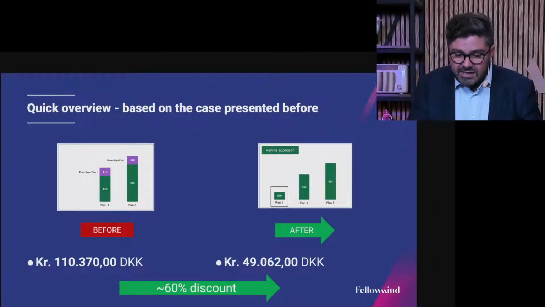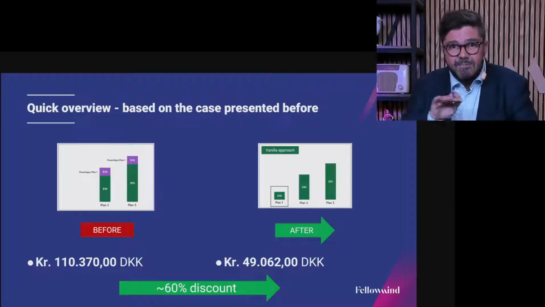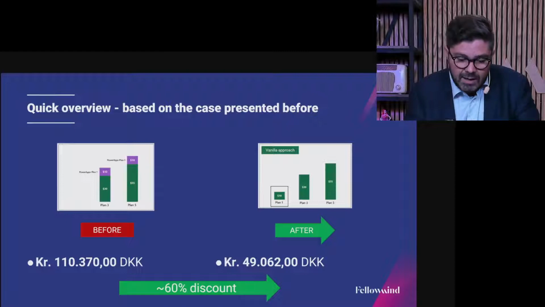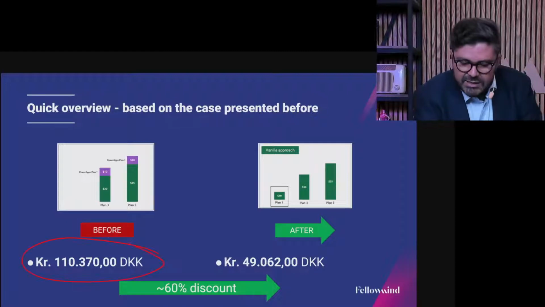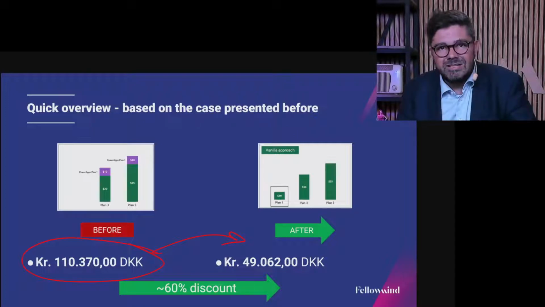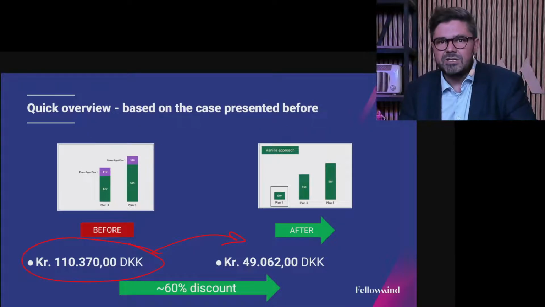And basically, in this example, with the same type of capabilities on 2 different implementations using Project for the Web, I jumped from 110,000 to 49,000 DKK on the same number of users, same capabilities and everything, which is around a 60% discount directly for you to use on anything or save money within your organization.